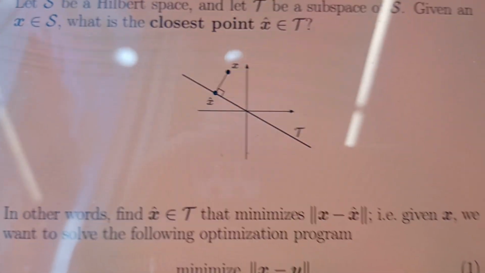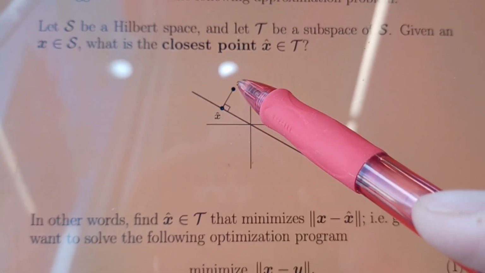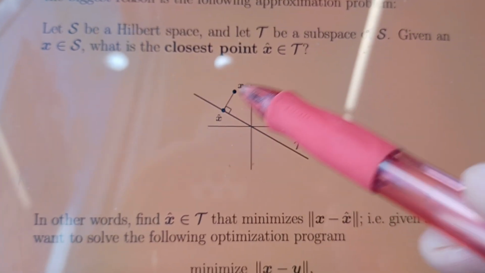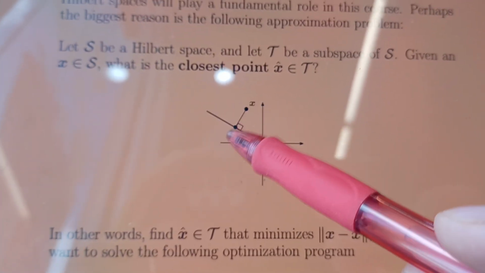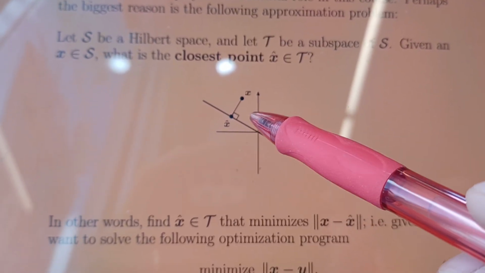It makes sense that the x hat, the best representation of this x, will be, so we can draw this line, and then we notice that this line and this line are perpendicular or orthogonal.